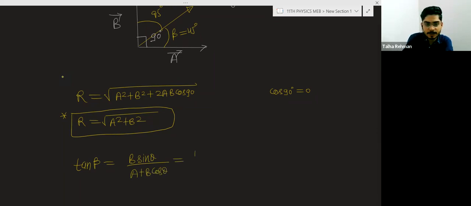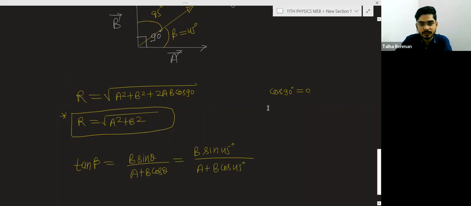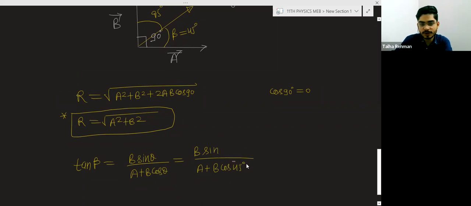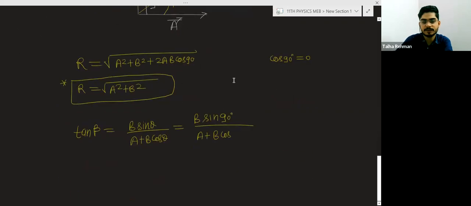So B sin theta, and A plus B cos theta. We will put the value of theta here, not beta. This is theta, and theta is 90 degree.